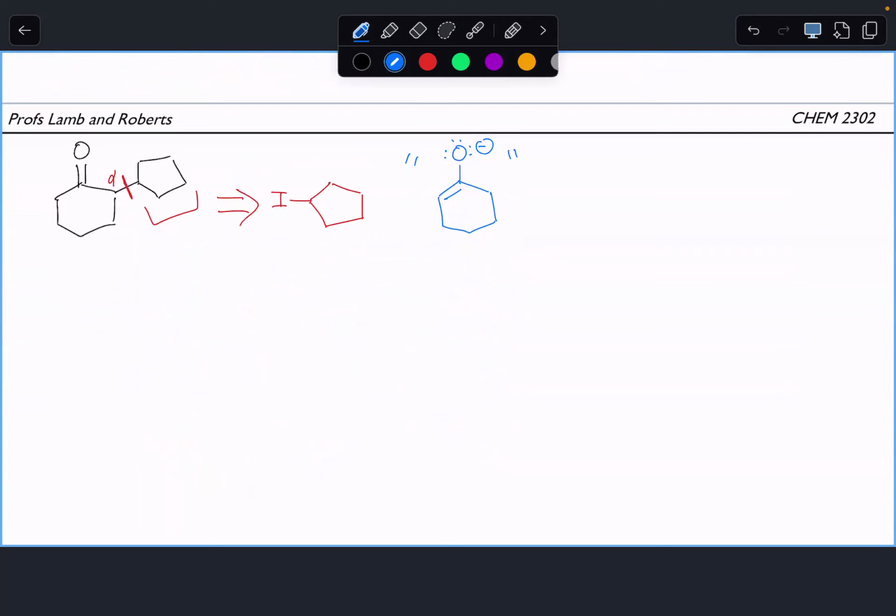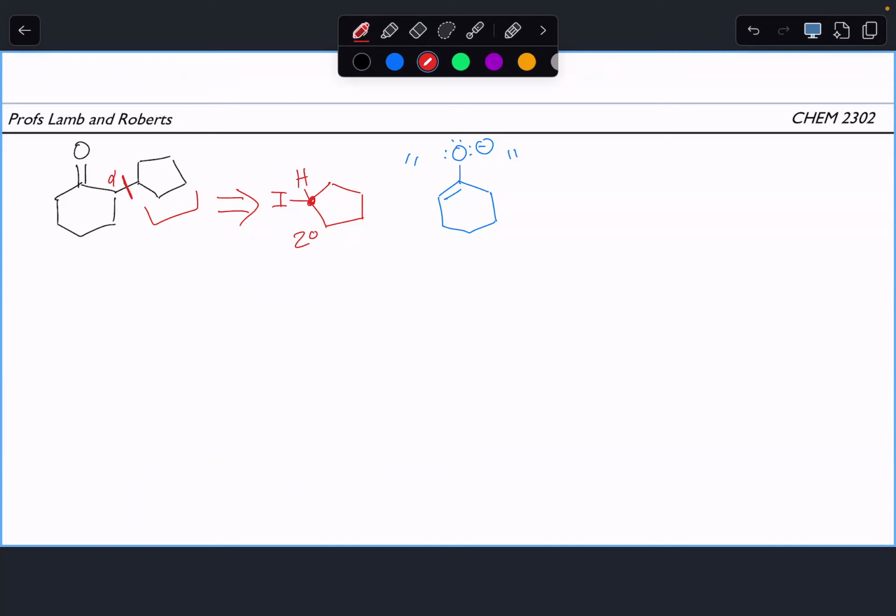So then we ask ourselves, could we go forward from this position? What type of alkyl halide is this? Primary, secondary, tertiary? Yes, this is a secondary alkyl halide. Remember, there's one hydrogen here as well.